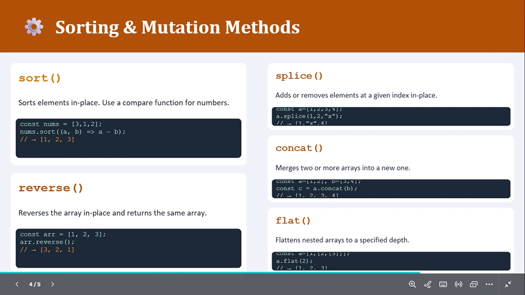This is mainly used in applied maths where we have multi-dimensional matrices, which can be second dimension or third dimension. If you want to combine them, you can use flat to have one array.